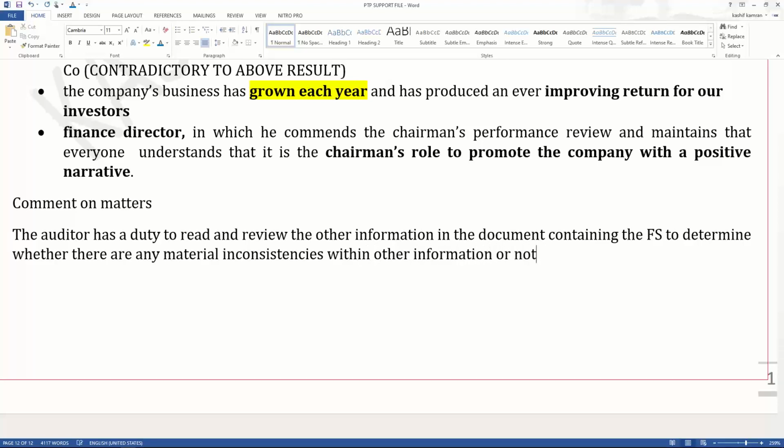So you started not with the accounting standard but with an auditing standard, because you were commenting on the chairman's statement, which is part of ISA 720.